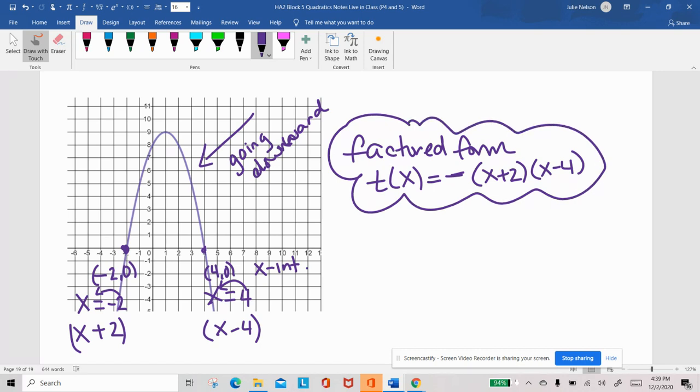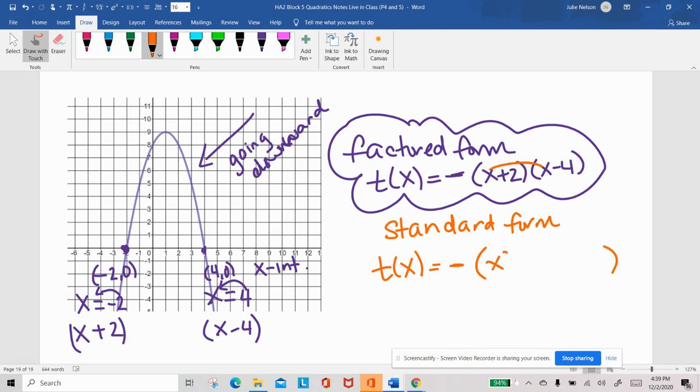How would this look in standard form? Standard form means you put it together again. So t of x equals. Now, if you don't like doing the box method, you know you can FOIL. You can leave the negative on the outside. If you FOIL, first: x times x is x squared. Outer: x times -4 is -4x.